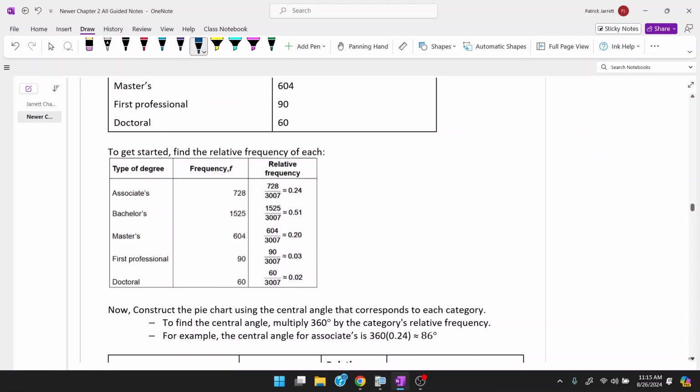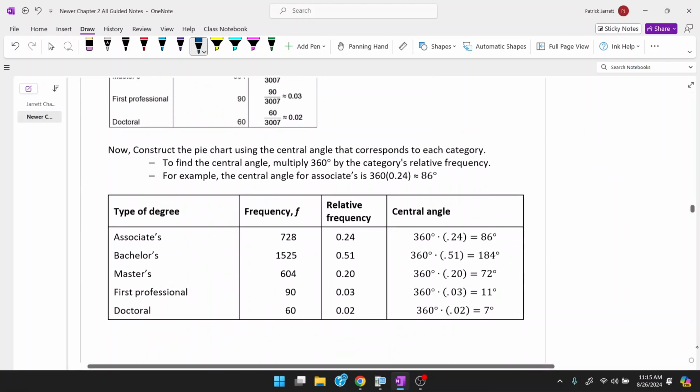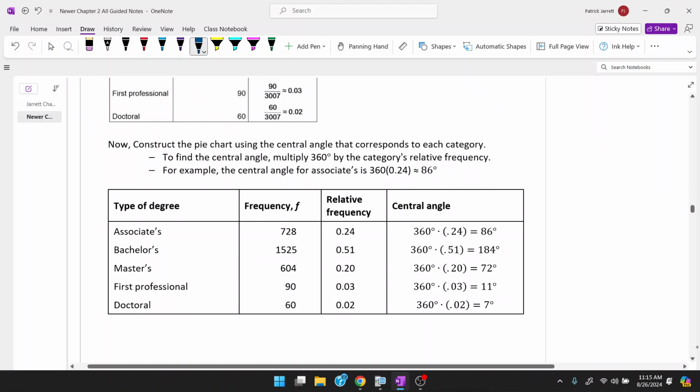Now, to find the central angle, what you simply do is multiply the relative frequency by 360 degrees. You don't even turn the numbers into thousands before you round.